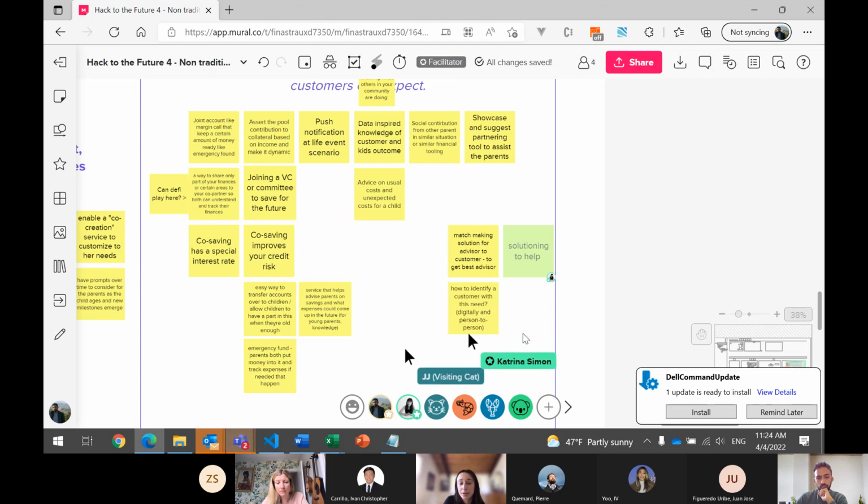JJ, really good point there too. And how to build trust with that customer. If you're an advisor who really knows the space, maybe you feel you can trust them more. How do you build that even further?